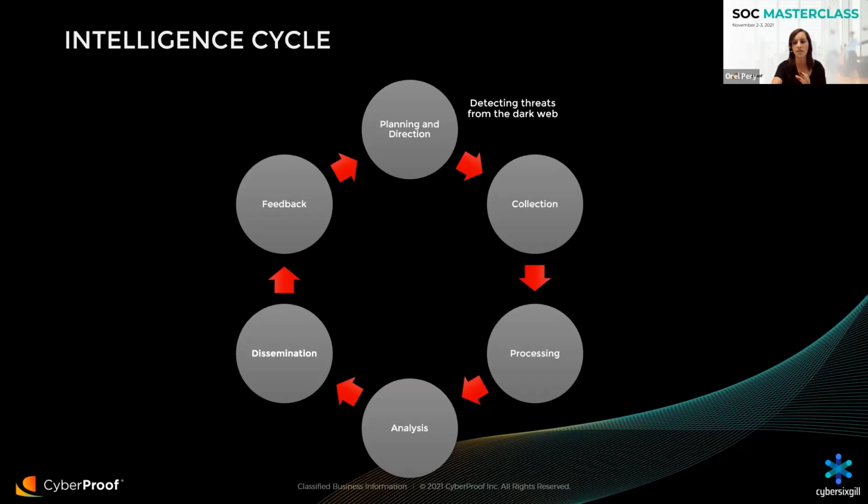The planning and direction, as you remember, is detecting threats from the dark web as a SOC team leader, or as a CISO in the company, or as a security engineer. I want real-time intelligence ingested into my security tools without waiting for any decision maker, to help with monitoring and prevention. And this was the direction that we got.